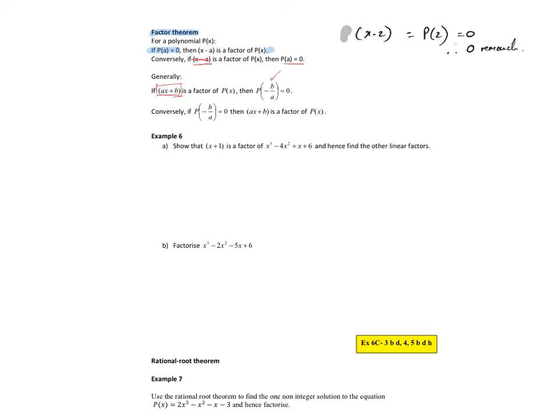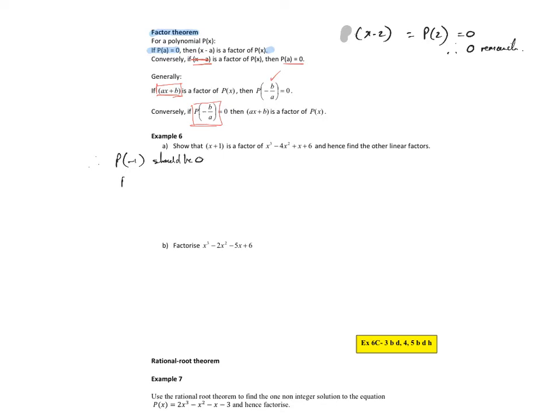So I guess the way in which we're going to do that is working with this substitution, all right? This question here says show that x plus 1 is a factor. You could argue, do the division, and then if you get 0 remainder, what must it be? A factor. And that's true enough. But if it's a factor, p of negative 1 should be 0.